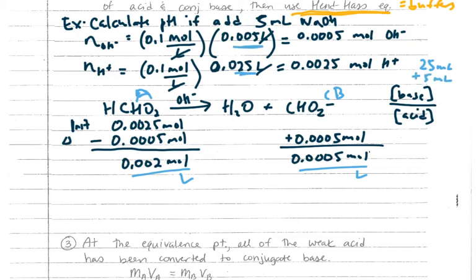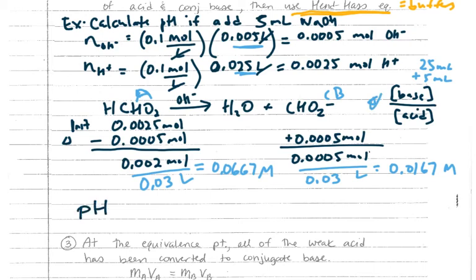So we have a total volume of 30 milliliters or 0.03 liters. So the concentration of the acid at this point is 0.0667 molar, and the concentration of the base is 0.0167 molar. So now we have these concentrations that we need to plug in to the Henderson-Hasselbalch equation.